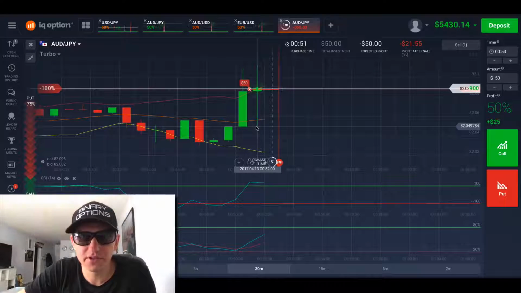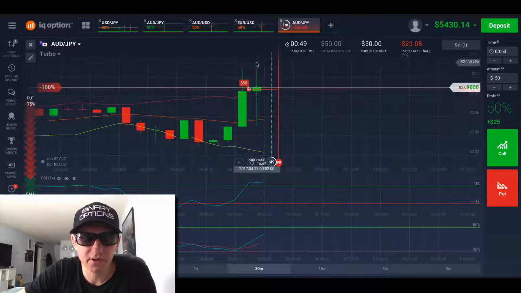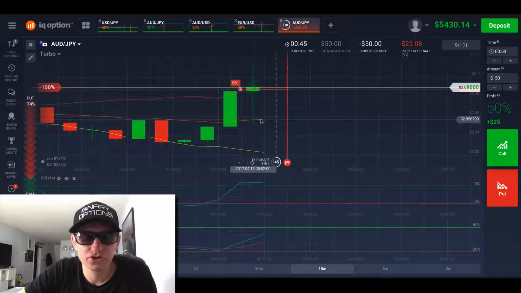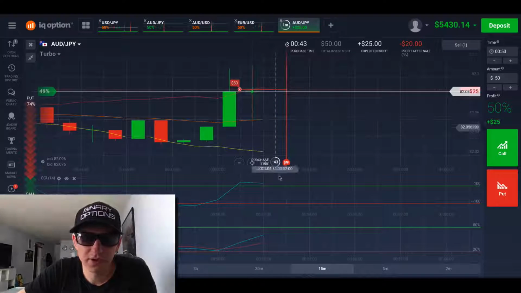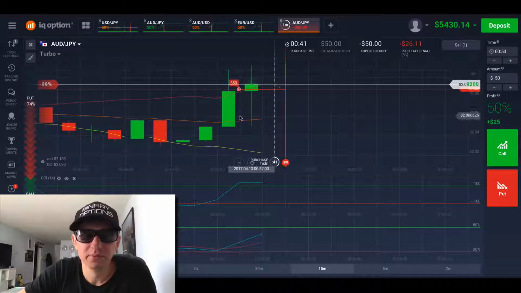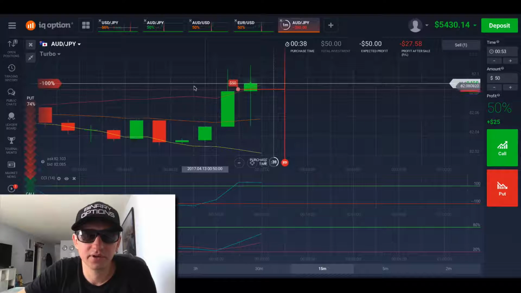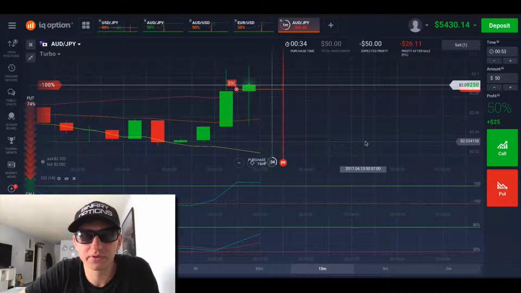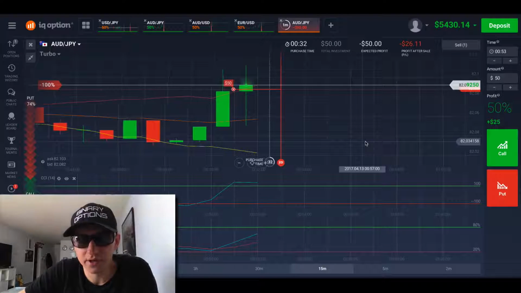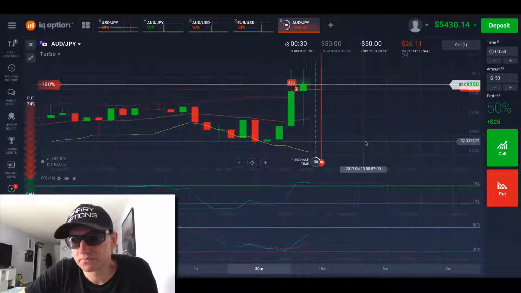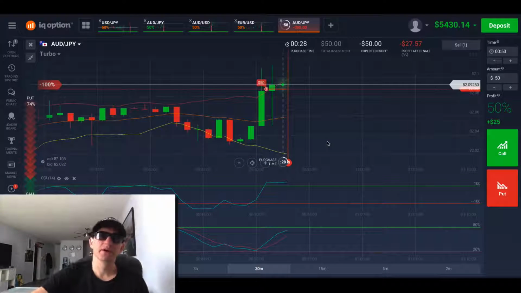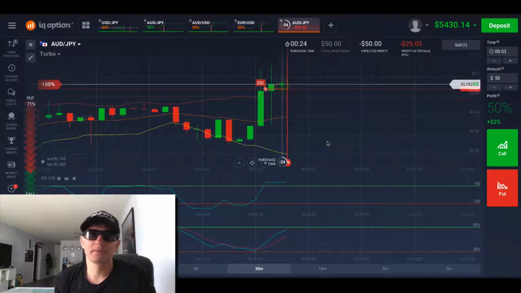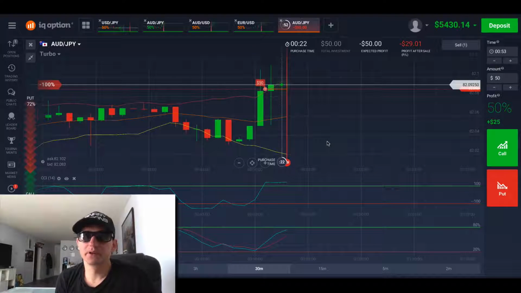So the movement is pretty steep. You see how the price was going up and down sharply, but still based on the two indicators. Of course, those were only two indicators, not all three that I like to use, but I still think that there is high probability that we are gonna win here.